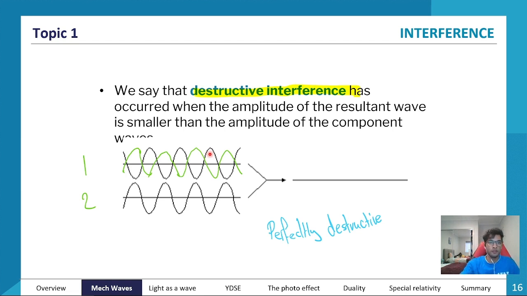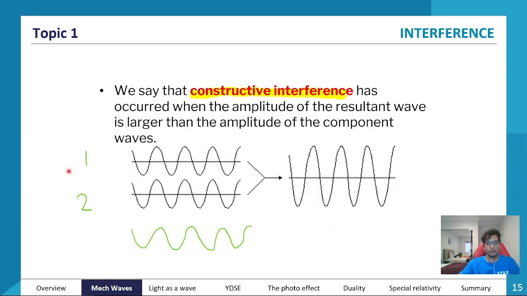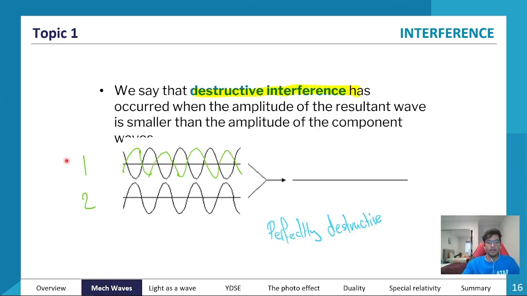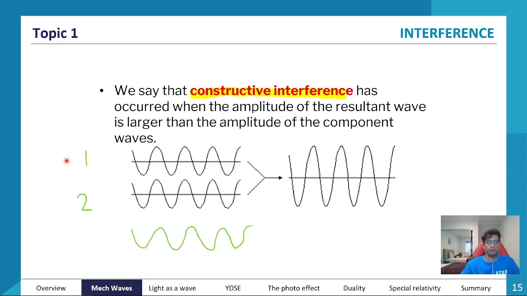So to make sure that you don't get confused between constructive interference and destructive interference, you can think of constructive. Constructive means you're building something, you're making something bigger. So therefore, constructive interference is when two waves combine to create a bigger wave.